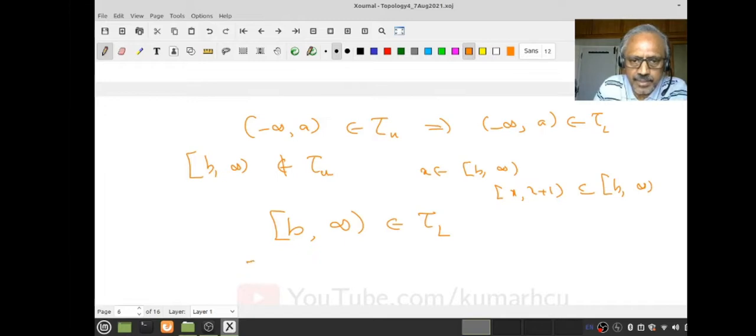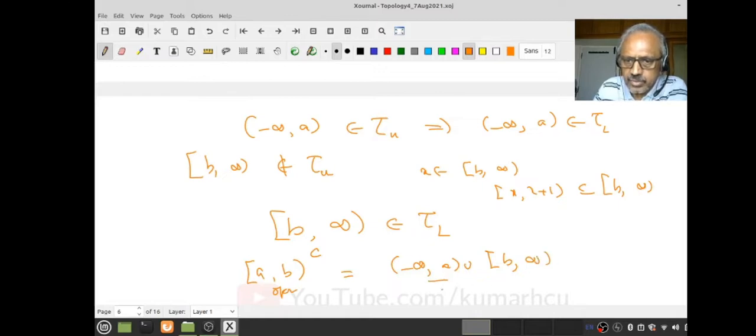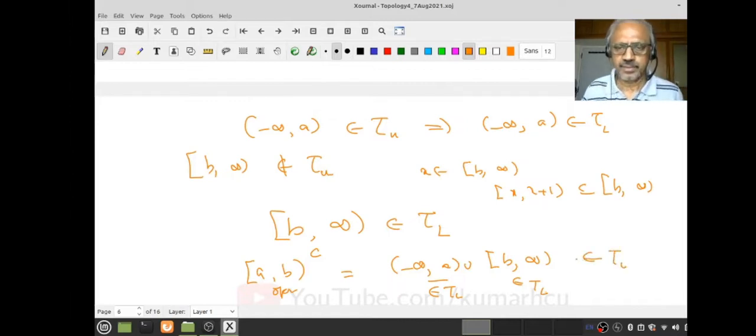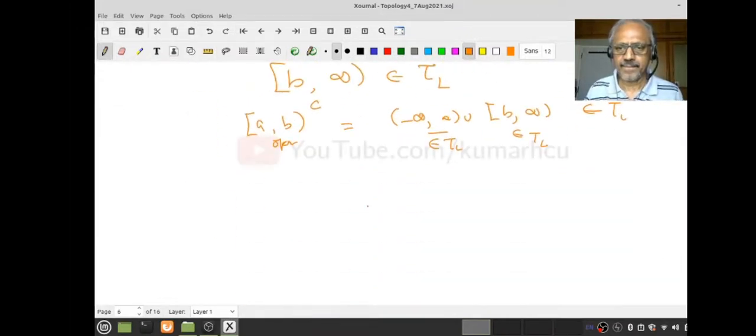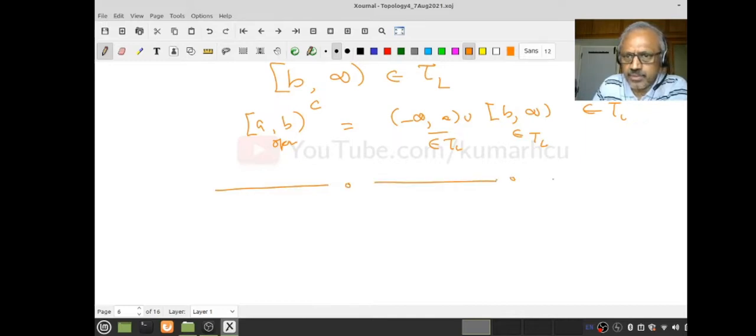Therefore, the complement of this is already open. Its complement is minus infinity to a union [b, infinity), and this is an element of tau L, therefore this union is open. You see that? There are a few more questions I can ask, but I think that's enough. This already gives a taste of what we want to do.